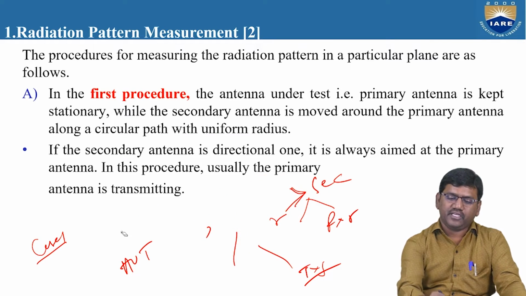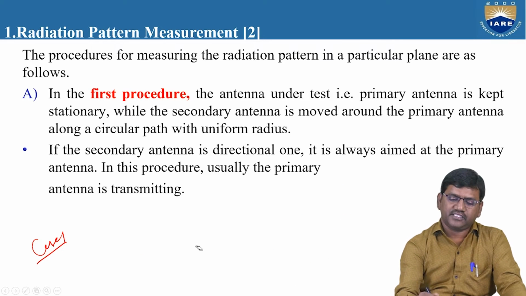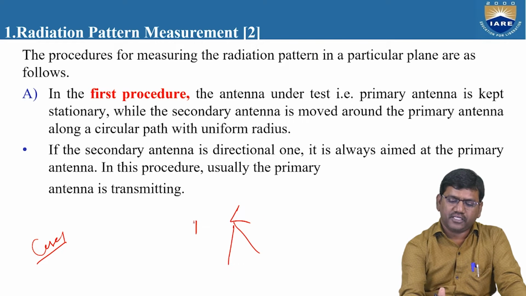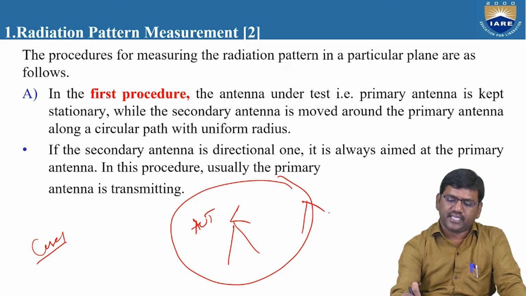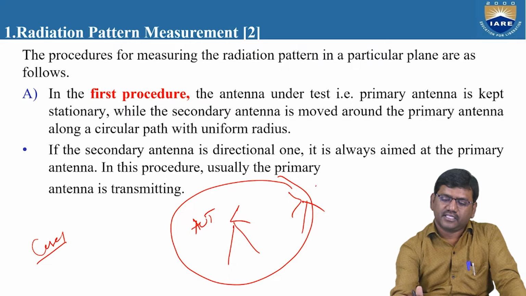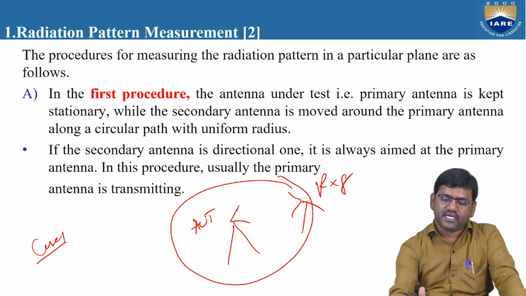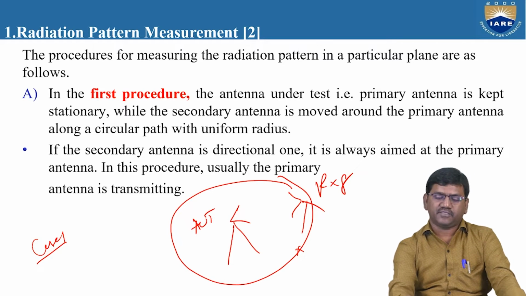Let us say, for example, if this is the transmitting antenna, AUT, and over this observation circle, let us indicate the receiving antenna, or the secondary antenna. At this point, we need to measure the field strength. What is the amount of field strength from the transmitting antenna?